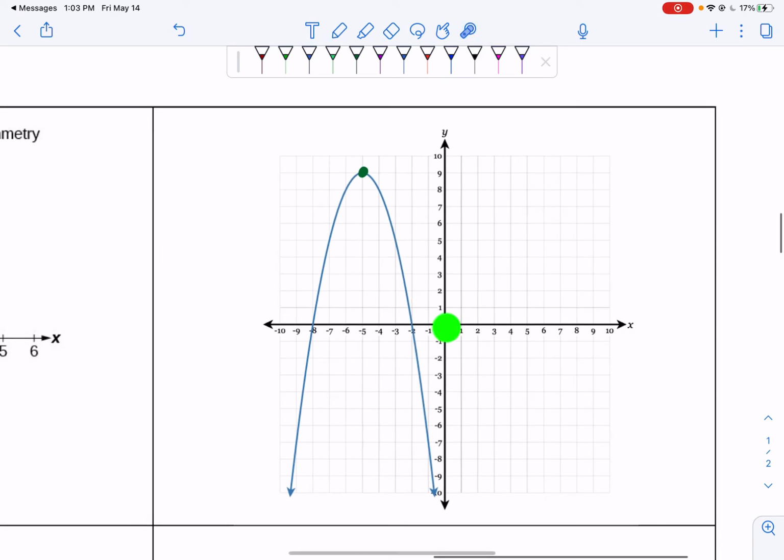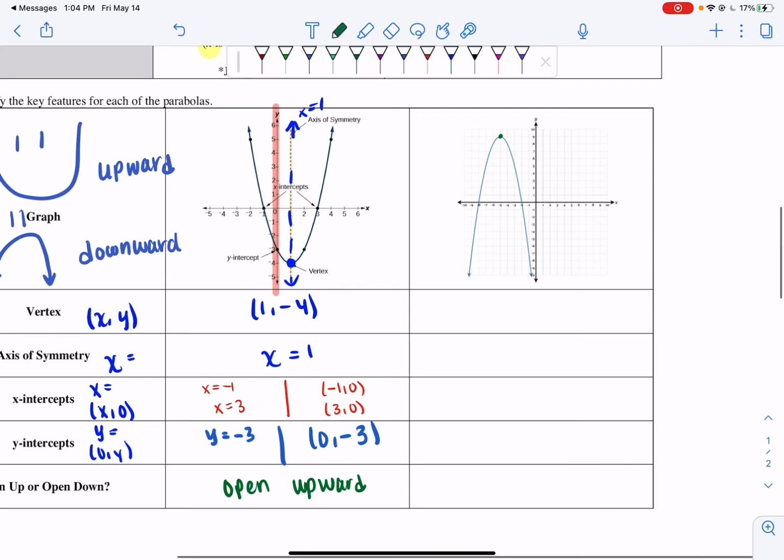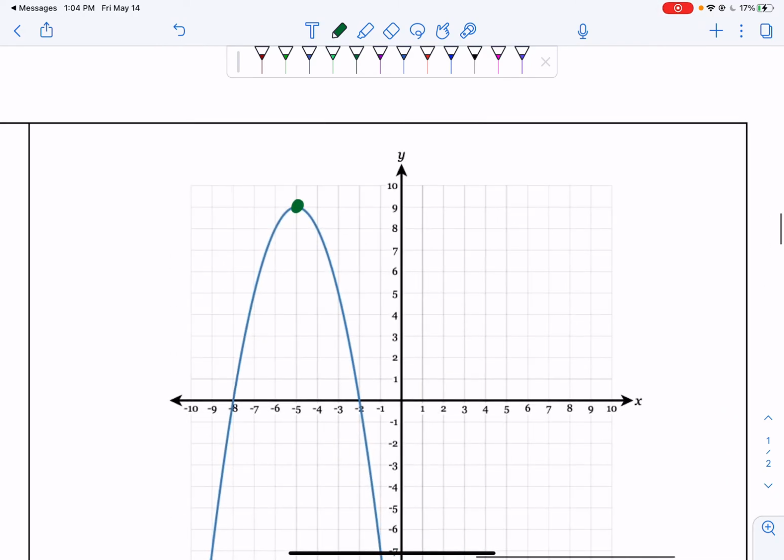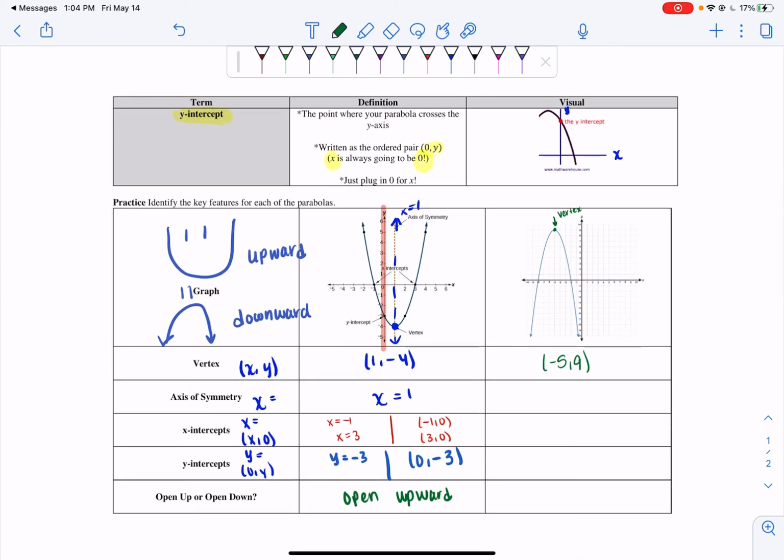Well, if you look, I start at 0. I go out, boom, -5. What's my y-coordinate? 9. So my vertex is -5, 9. Your vertex is also called your turning point, where your graph turns around.